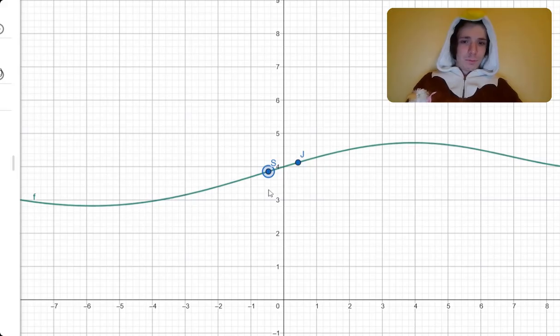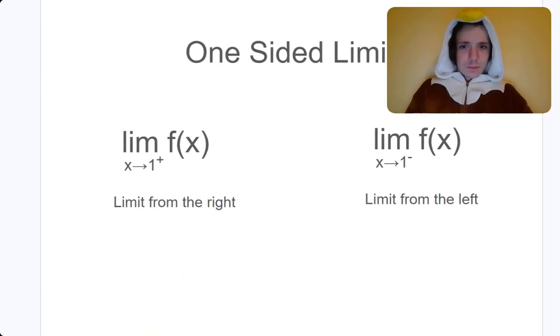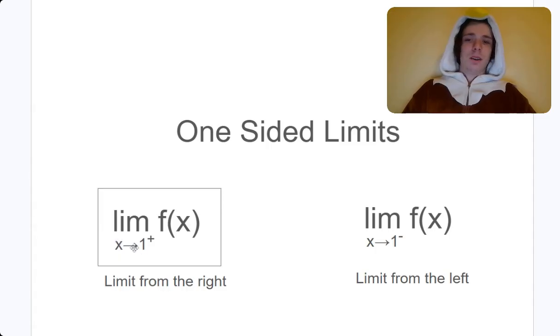What I just did here is called a two-sided limit. You want to take the limit from both sides to make sure it approaches the same value. And each one individually, like Jackie or Shadow, would be the one-sided limit. So with one-sided limits, let's say that x is approaching 1, and you want to find the limit of f of x.